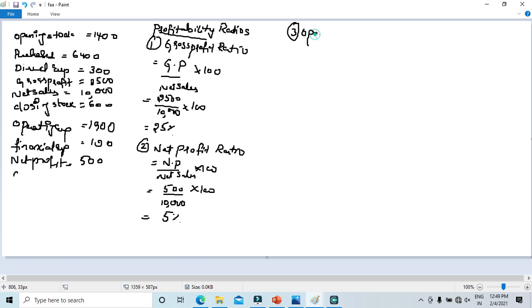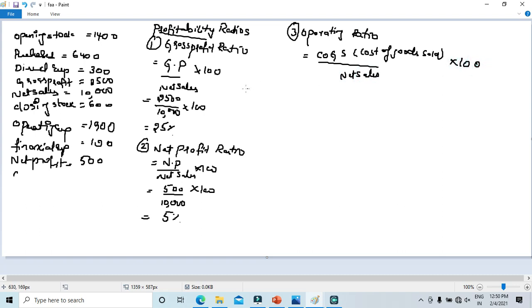Now the other one is operating ratio. The formula is COGS, cost of goods sold, divided by net sales into 100. Over here we have to calculate COGS.